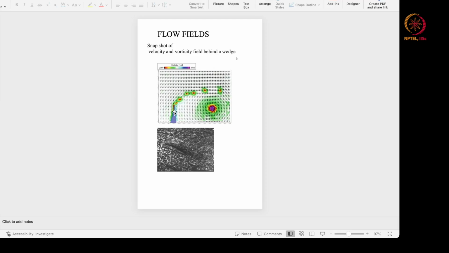So the idea is that if you take, for example, a snapshot of the velocity field behind a wedge. And this is, for example, the unsteady velocity field, where the vortices shed around an aerofoil.